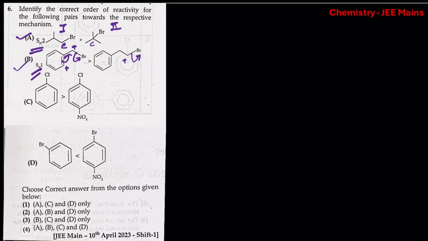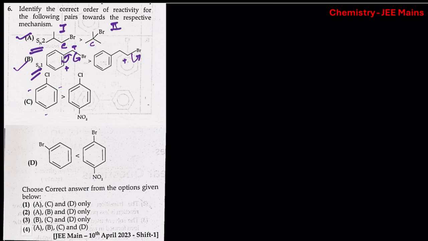Now C, chlorobenzene. In chlorobenzene, the chlorine atom is bonded to the benzene ring and chlorine has lone pairs of electrons. These lone pairs of electrons get delocalized on the benzene ring, creating a negative charge density at the ortho and para positions, because of which the ortho and para positions become rich in electrons, and they easily undergo electrophilic substitution reaction.